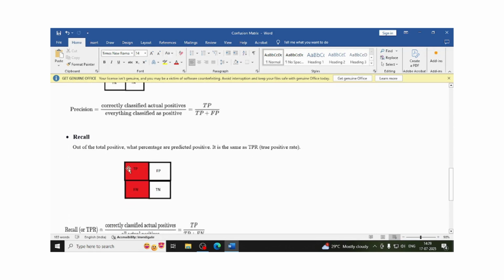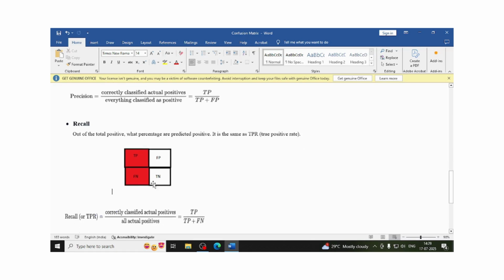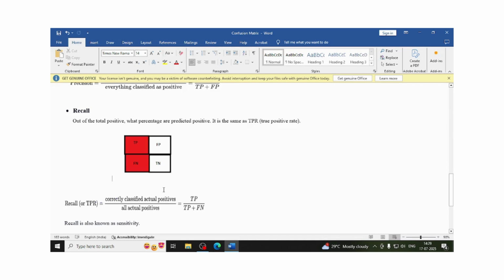Here is the recall. What is recall? Recall is, out of the total positives, what percentage is predicted positive. It depends on the overall actual values. The formula is recall equals correctly classified actual positives divided by all actual positives. True positive is taken, where both the actual and predicted values are positive.